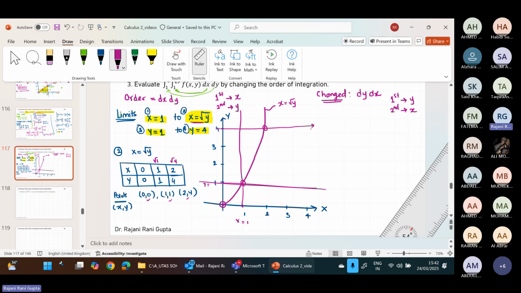This is the place where y is equal to 4. So what is the region? You need a region from y equal to 1 to y equal to 4, x equal to 1. This is the place where x is equal to 1. So your region will be this. This is important to identify what is the region.